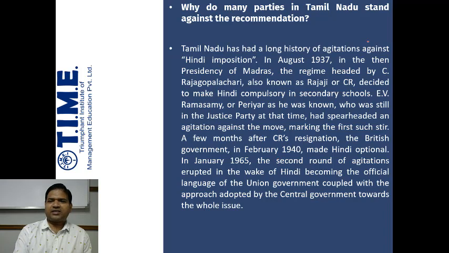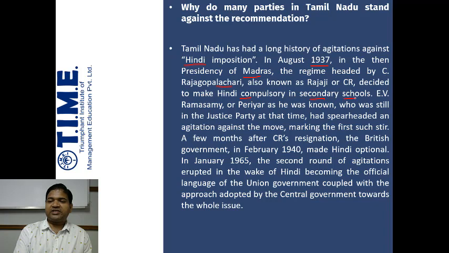Why do so many parties in Tamil Nadu stand against the recommendation? Tamil Nadu has had a long history of agitations against Hindi imposition. In August 1937, before independence, in the then Presidency of Madras, the regime headed by C. Rajagopalachari, also known as Raja Ji or CR, decided to make Hindi compulsory in secondary schools.